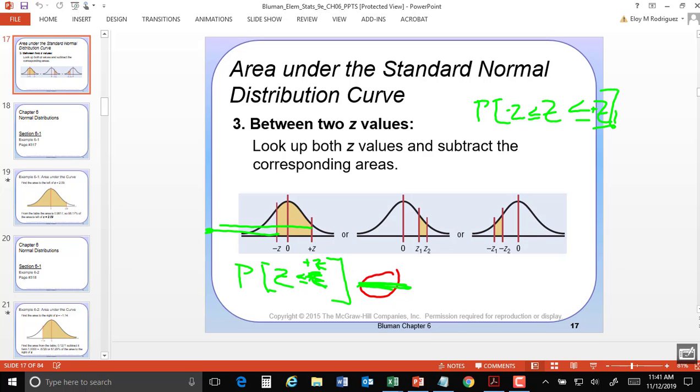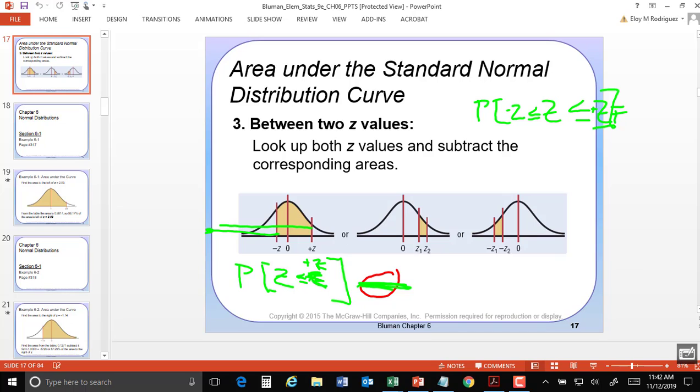You can think of this as two problems. This is one: calculate the probability from here on back, the area under the curve all the way. And this other guy is another problem. Just cover that up. Now I want to know the area under the curve from here on back. So really, I'm going to have to take this value of area and subtract this value of area to get my interval.